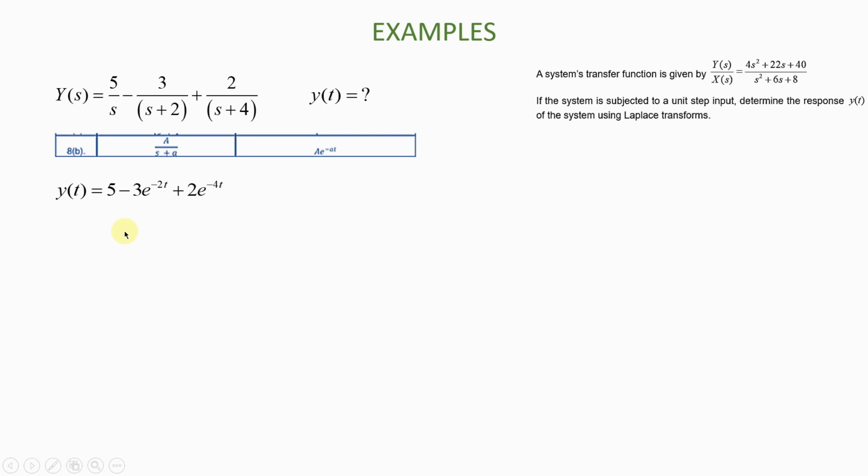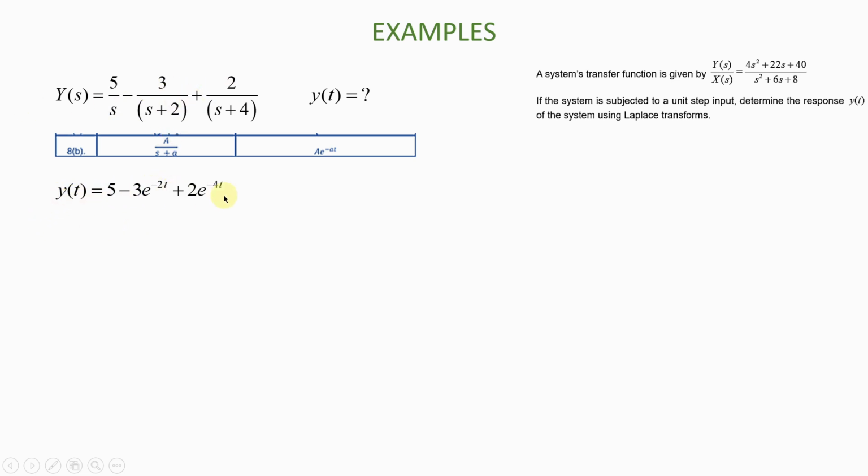And why is it that we have a negative sign here and even here? It's because the value that we had for b was minus 3, okay? So we just put the minus sign there. And so if you take this expression and transform it back to the time domain, because here it is in the S domain, then this is what you will get.